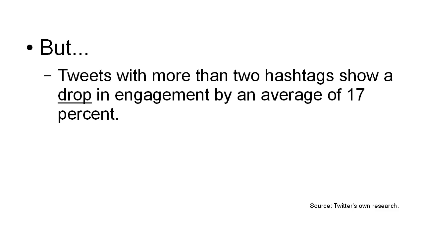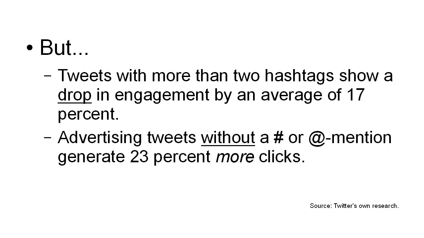But, and there always is a downside, tweets with more than 2 hashtags show a drop in engagement by an average of 17%. And advertising tweets without a hashtag or an @ mention generate 23% more clicks. So if you are going to be having an advertising tweet, it's best not to have a hashtag or a mention, because that does actually, perversely in some ways, make it more clickable.